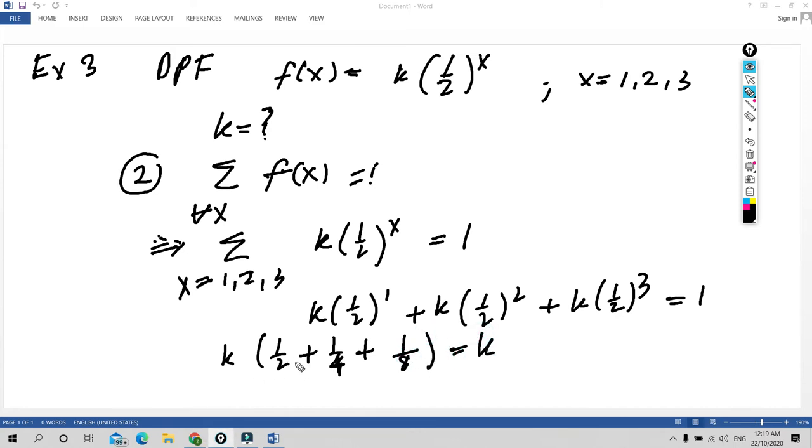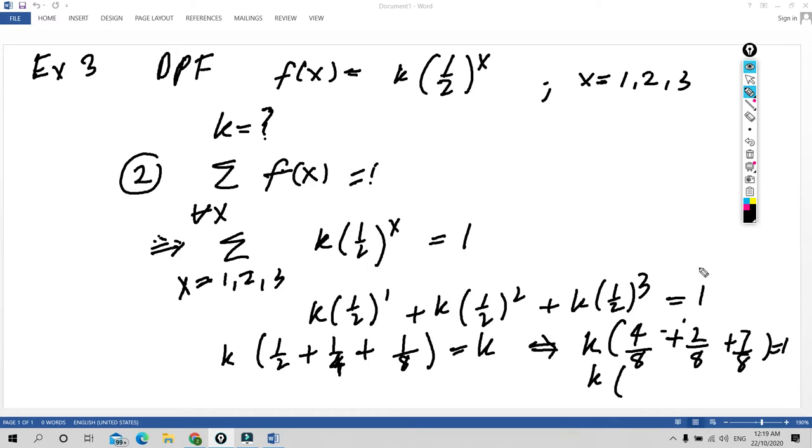So if we solve this one, we get k times, 1/2 is 4/8, 4/8 plus 2/8 plus 1/8 is equal to 1. So k times 4 plus 2 plus 1 is 7 over 8, 7/8.